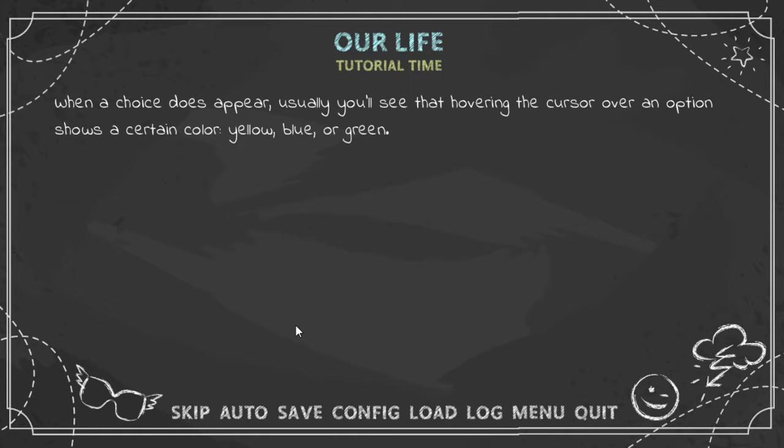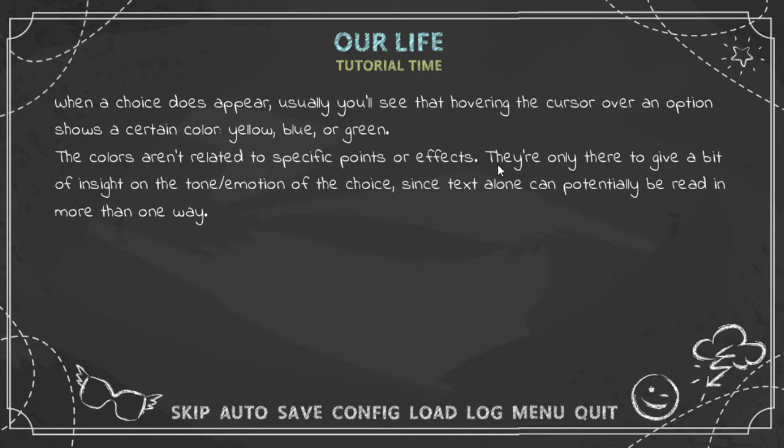When a choice does appear, usually you'll see that hovering the cursor over an option shows a certain color, yellow, blue, or green. The colors aren't related to specific points or effects. They're only there to give a bit of insight on the tone, emotion of the choice, since text alone can potentially be read in more than one way.